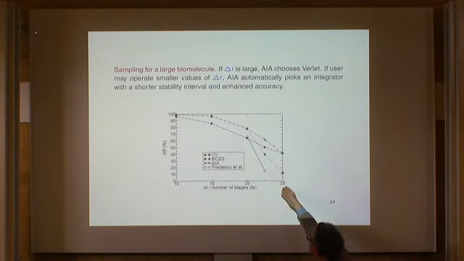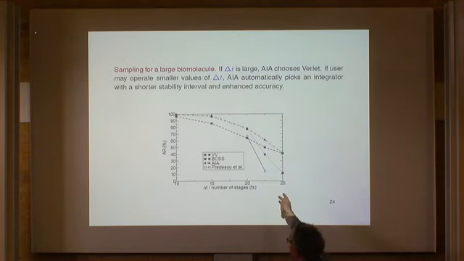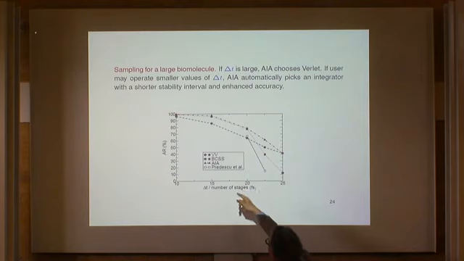But if the user wants to use a smaller delta t because they have more computational resources or whatsoever, then the triangles really are with the squares. So they move in a seamless way from Verlet to the other algorithm that I showed.